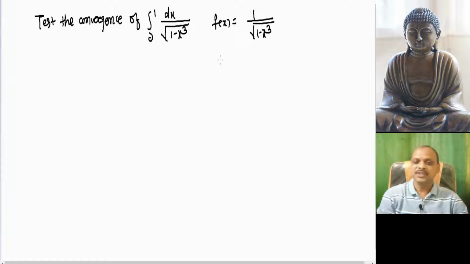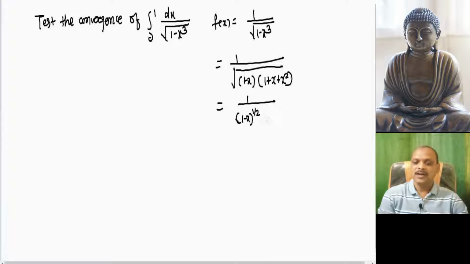we write this function as 1 divided by under root of 1 minus x as one factor, and the other factor is 1 plus x square. Then we write it as 1 divided by (1 minus x) whole raised to 1 by 2 and (1 plus x square) whole raised to 1 by 2.